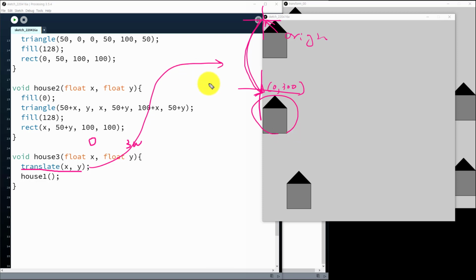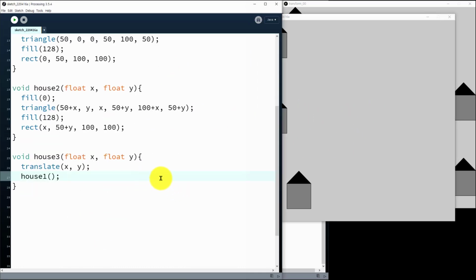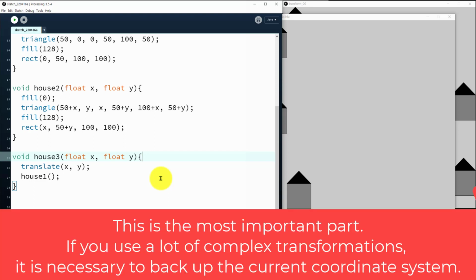But the thing is, after moving to a different point, this is the new origin, right? To draw the second image, you have to move a little bit more, so we need some more things. After translate, we are going to use some other translation or rotation. That's why we need to back up the current status, the current coordinate system. We have to back up the current coordinate system before calling the translate function.